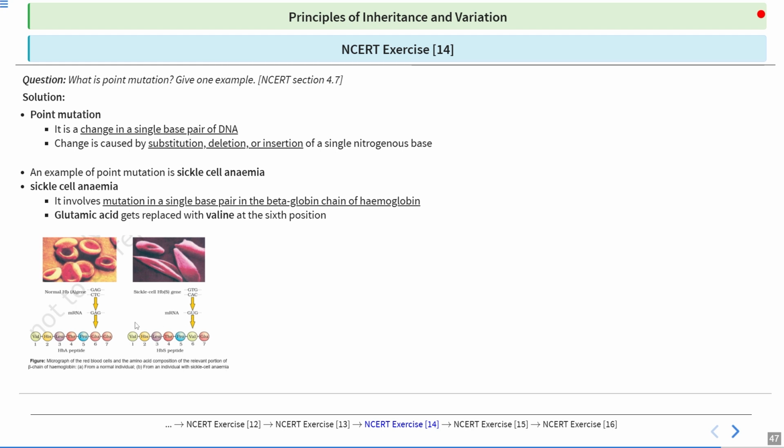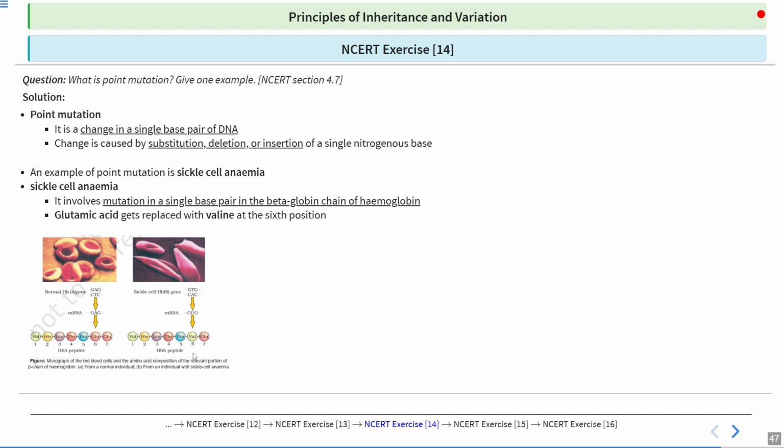Now mRNA is produced from DNA, so mRNA is also changed. It should be GAG, the normal mRNA, but it becomes GUG now. GAG codes for glutamic acid, GUG codes for valine. So glutamic acid is replaced by valine at the 6th position of the beta globin chain. This is due to single base pair mutation.